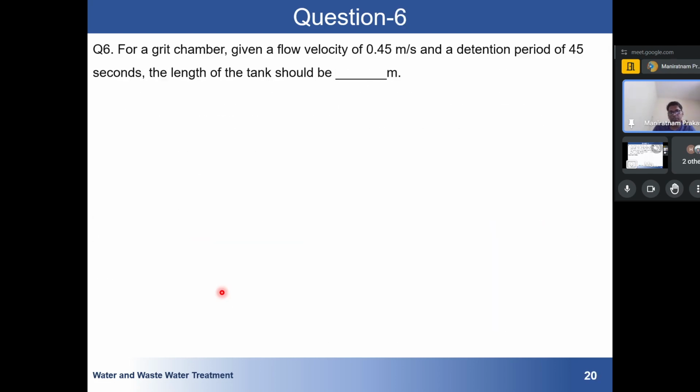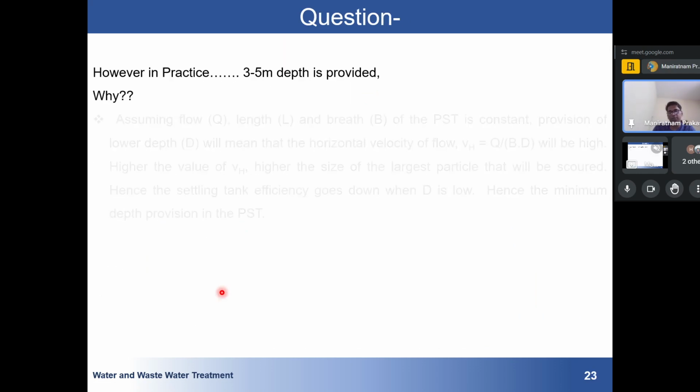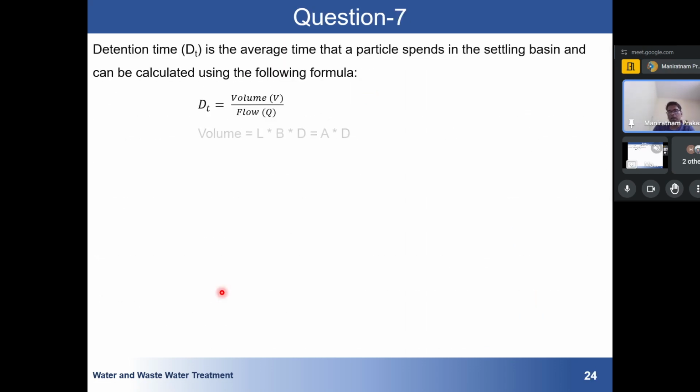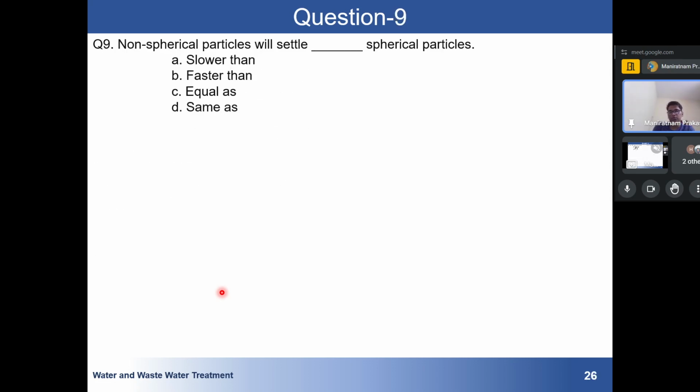I have given too much time on this settling zone because people make mistakes in this question. And if you are appearing for the GATE examination, alternate years you can expect a question from this settling zone. When I was appearing in 2021, I was asked a question related to the unit of viscosity: what will be the unit of kinematic or dynamic viscosity?